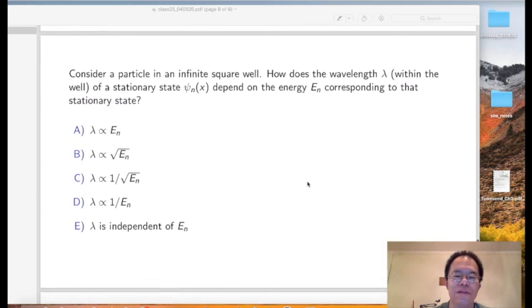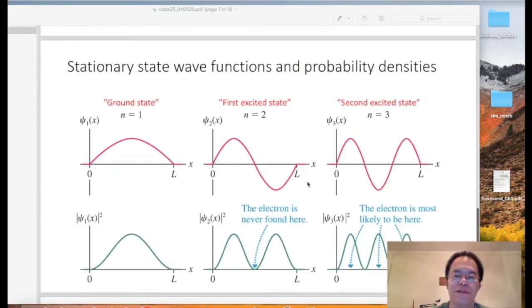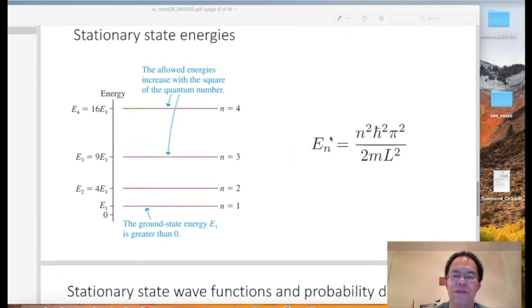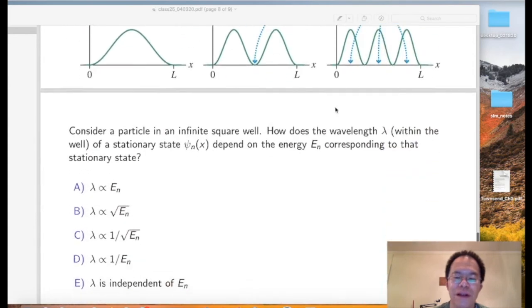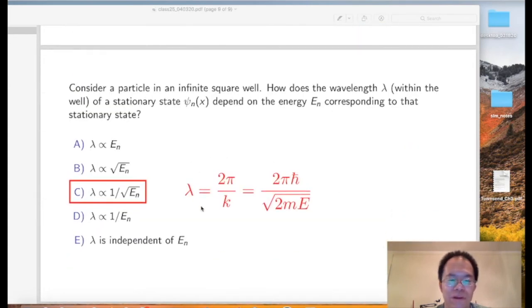And if you do the algebra for that and relate it to the energies we know over here, the wavelength in the well ends up being 2 pi over k, which ends up being related to the energy like this. And so the wavelength goes like 1 over the square root of the energy.